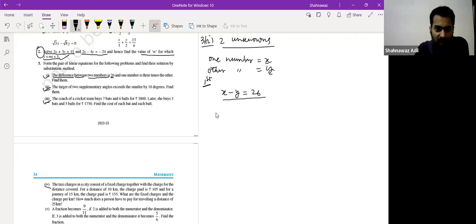Now, Rizwan, tell me what will be the second information that is given. One number is 3 times the other number. So what will be here? 3 times the other: 3y. So the first number x is 3 times the other number y, right? Now we have found the two equations.